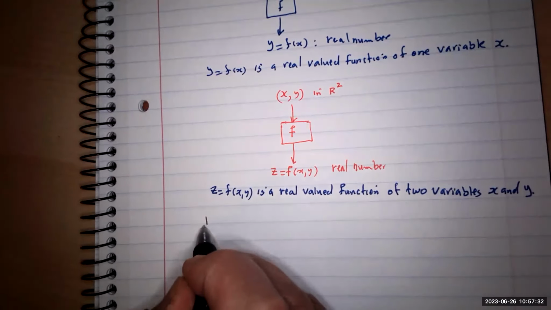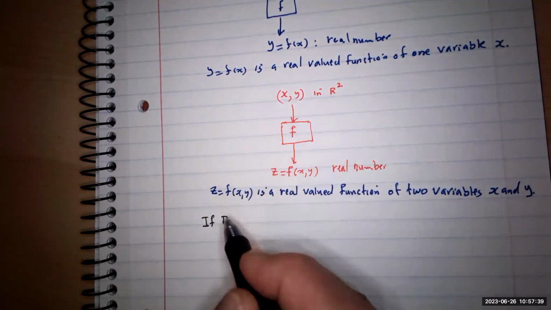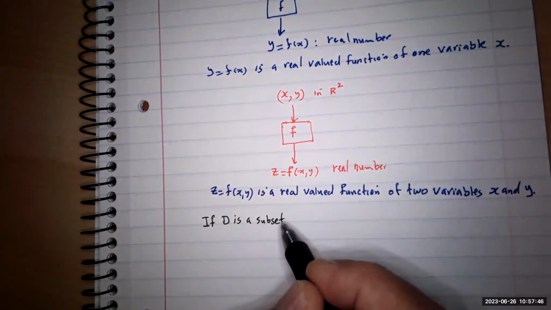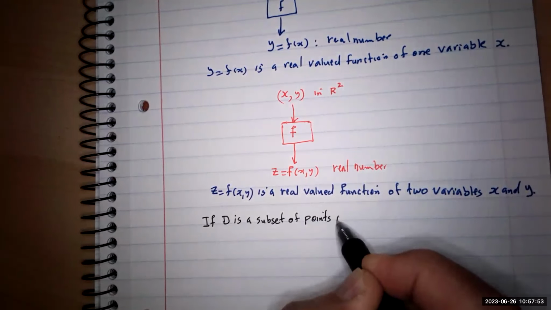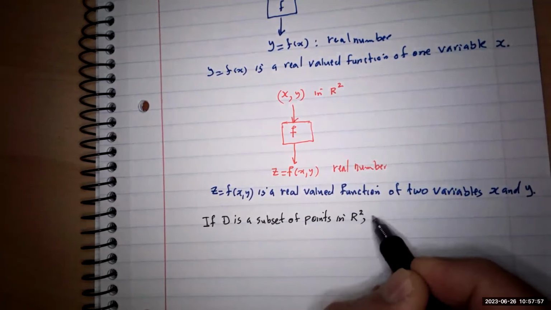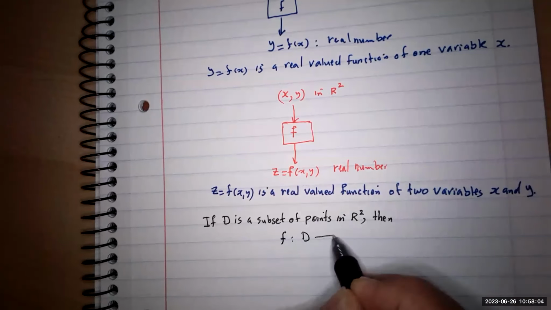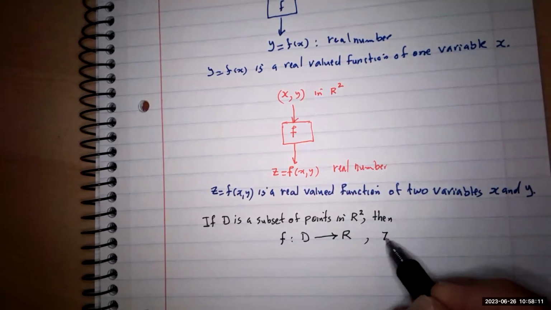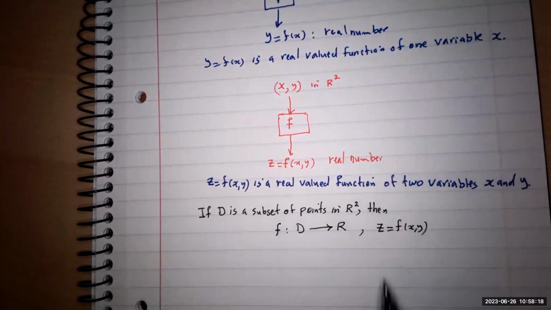Officially, if D is a subset of points in R2, in two-dimensional space, D would be our domain, then we have a function f defined from D into the real numbers, denoted by z equal to f of x, y, which is, as usual, going to be a formula.